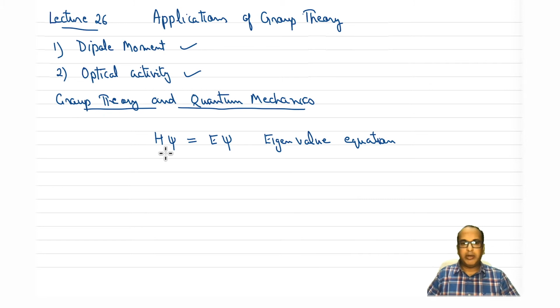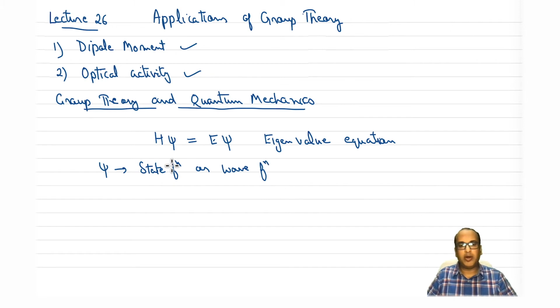So what are the different components here? Psi is a state function, also called the wave function, which tells you about the state, all the properties of that particular state. Then H is the Hamiltonian operator, which we might have studied at some point.